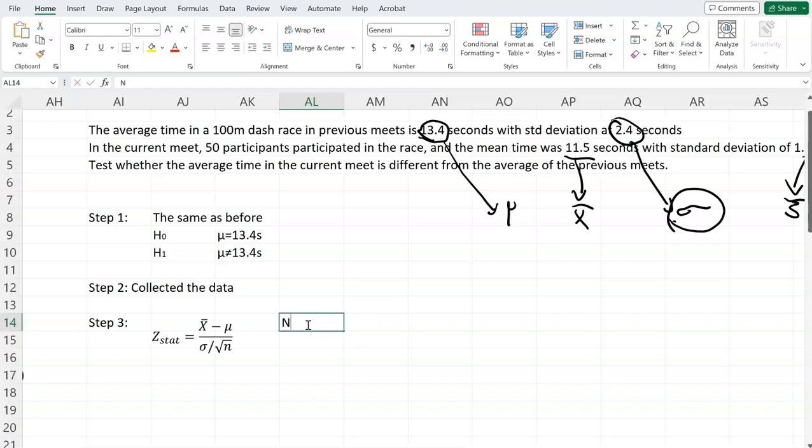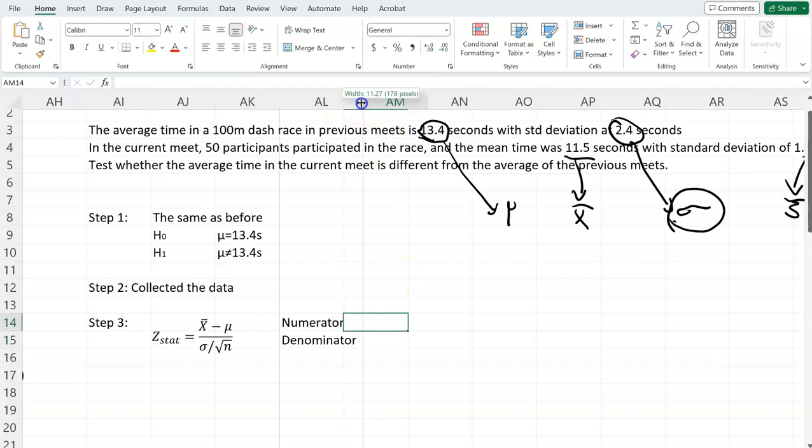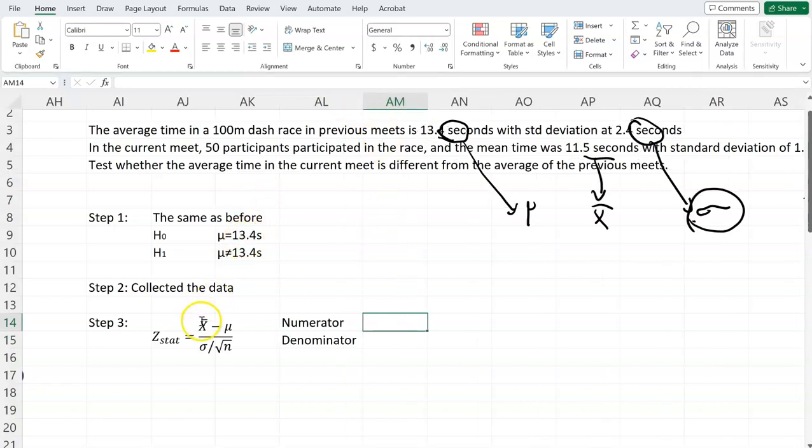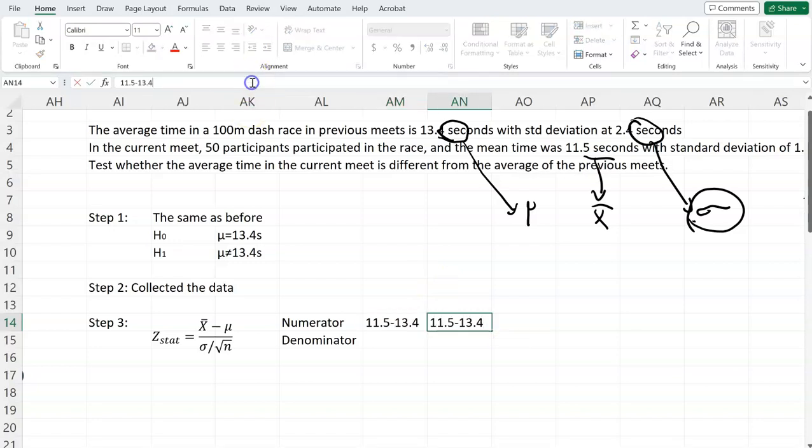Again, I would do the numerator and the denominator. For the numerator, I would look at x bar, which is 11.5, so it will be 11.5 minus 13.4, which is negative 1.9.